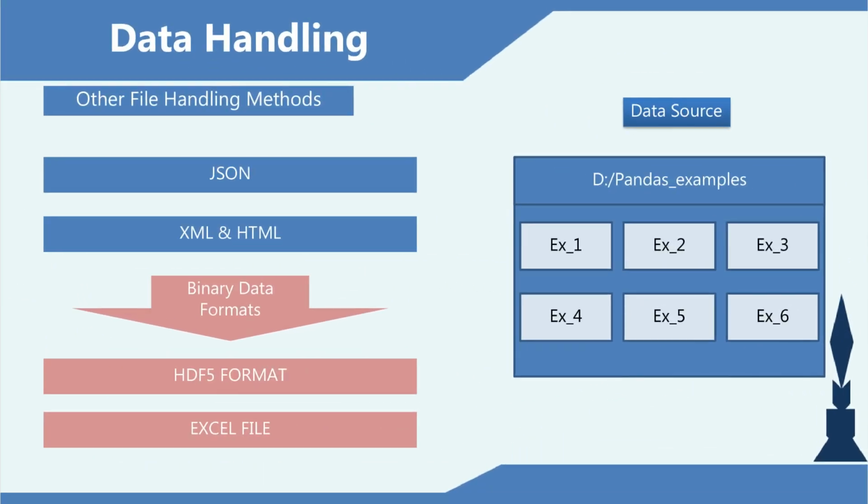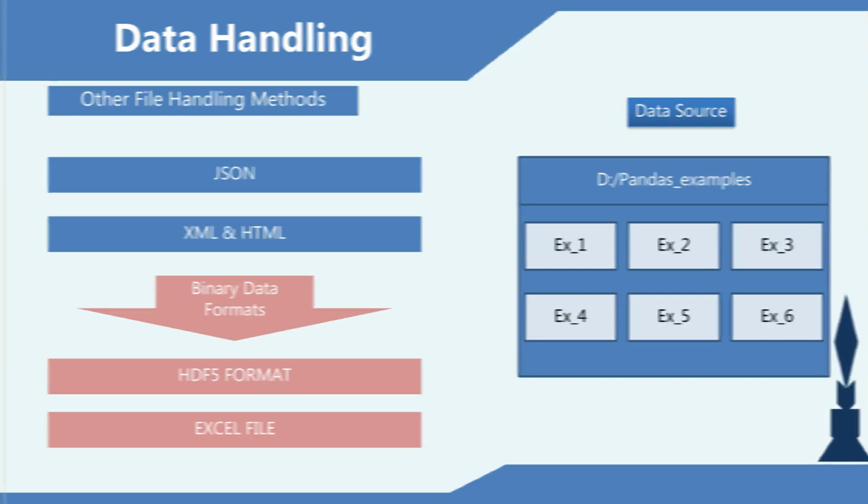Other file handling methods are JSON, XML and HTML, binary data formats, HDF5 format, Excel file, etc. But we are mainly concentrating on the read_csv and read_table methods as they are widely used among these methods.